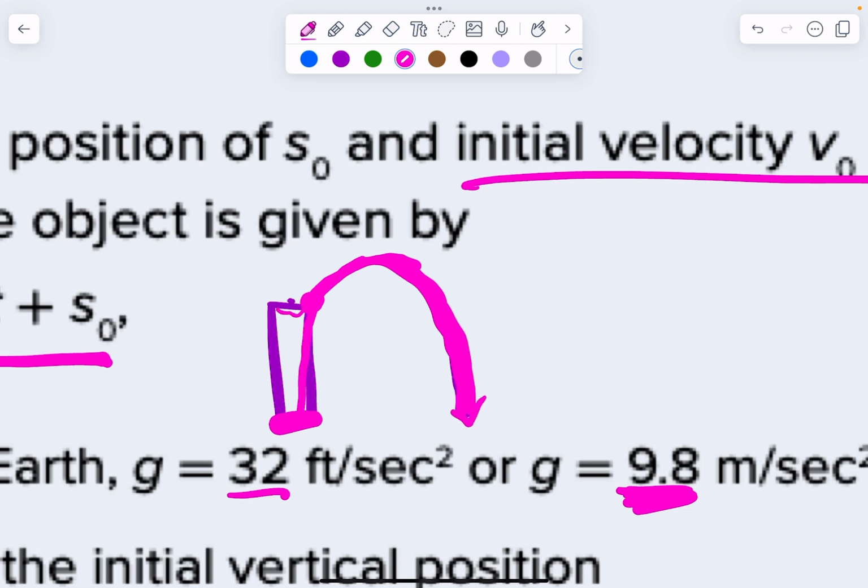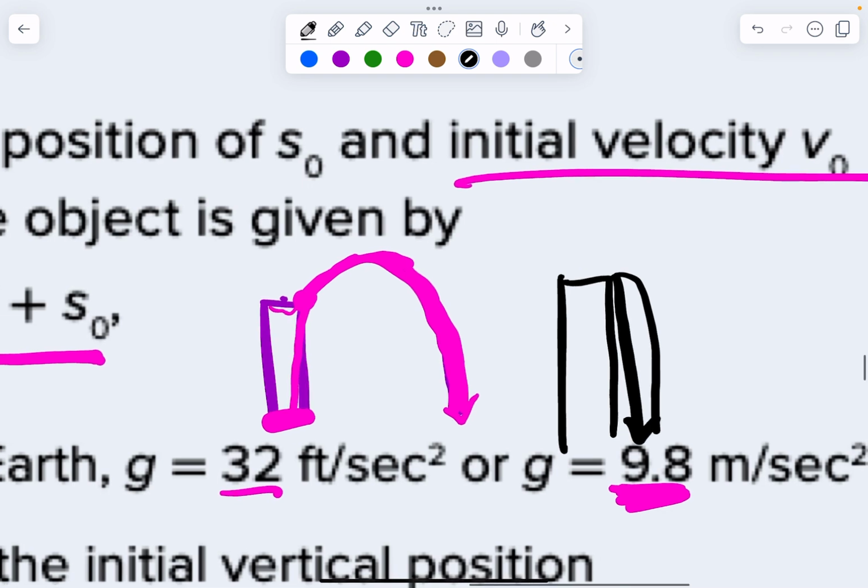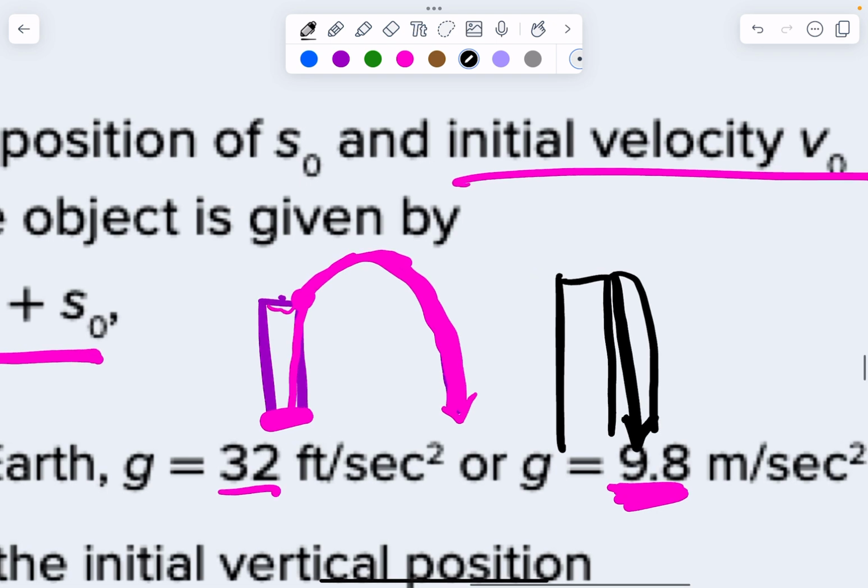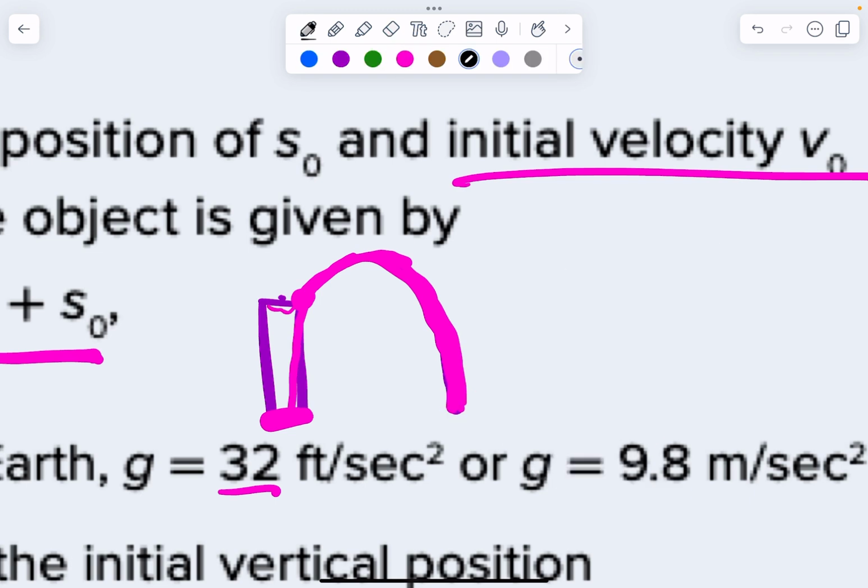Another way of thinking of this is, let's say I'm taking a rock and I'm dropping it off a cliff. If I just drop it off, versus if I throw it down, the thrown down one is going to hit the ground faster. So initial velocity does determine a lot about your function and when it's going to hit the ground.